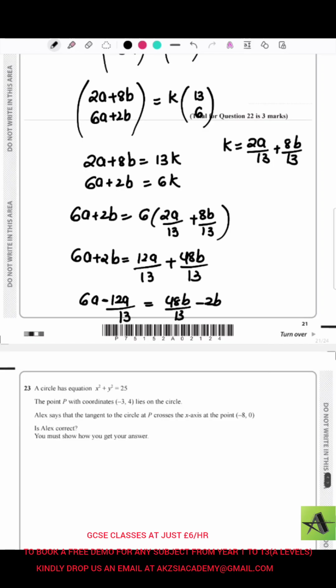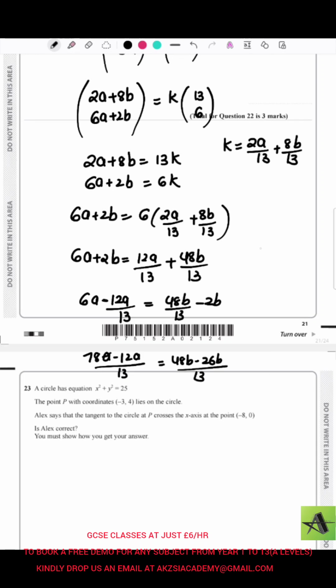Then this can be simplified by taking the LCM. I'll get 13 times 6 minus 12a, and here 48b minus 26b over 13. So this will give you 78 minus 78a minus 12a over 13 equals 14b minus 26b over 13.